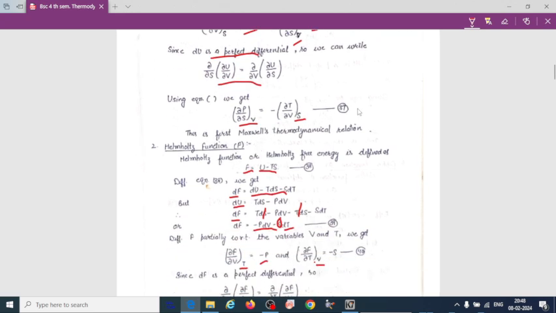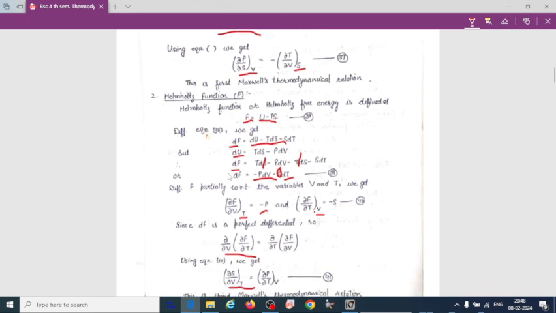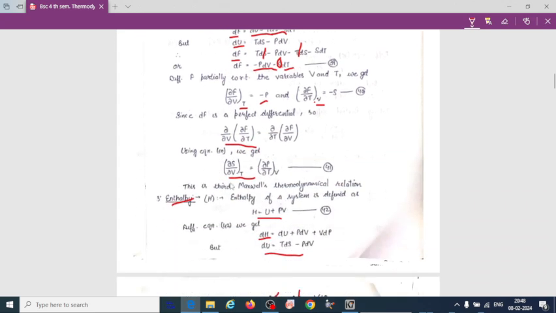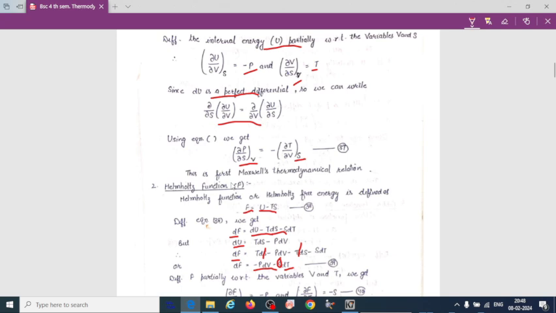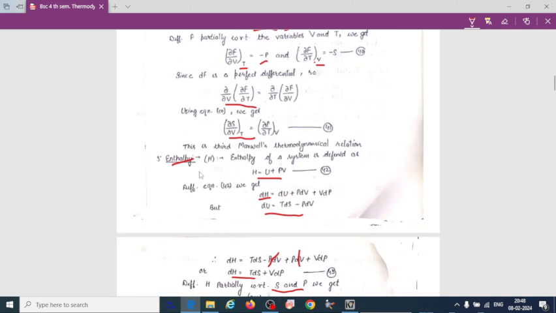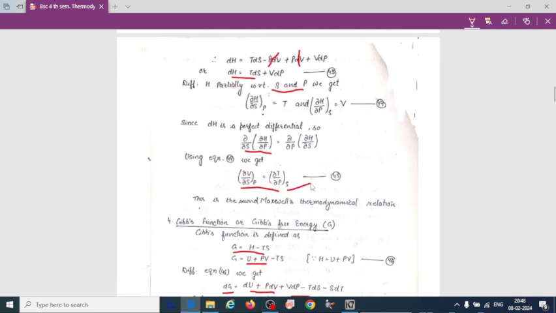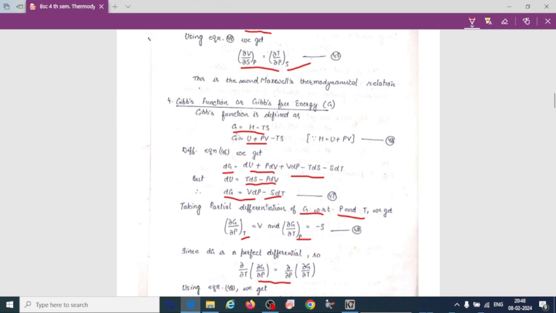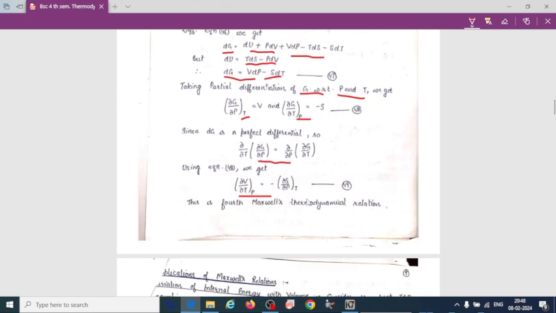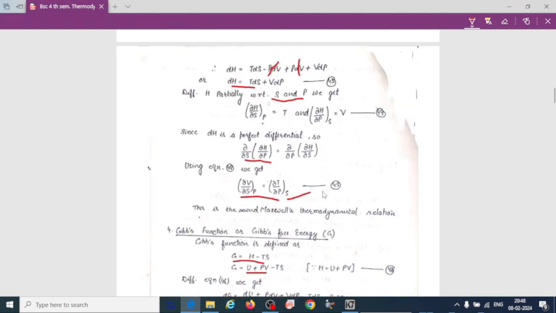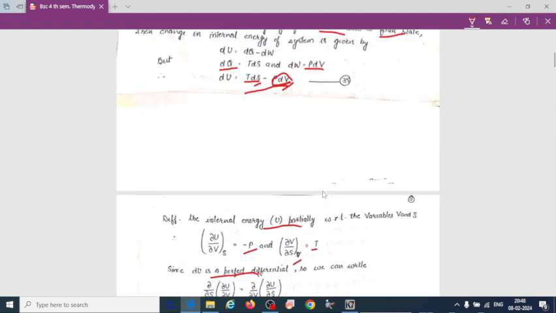The second is using the Helmholtz function, the third is with enthalpy, and using the Gibbs function we derive the fourth Maxwell relation. These equations are very important for your exam.